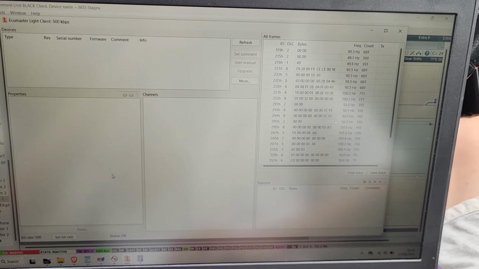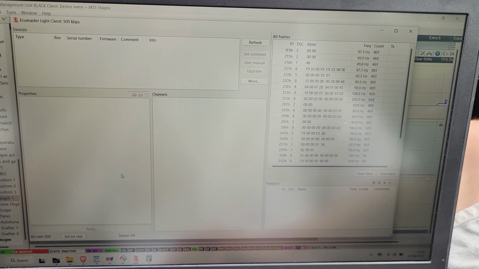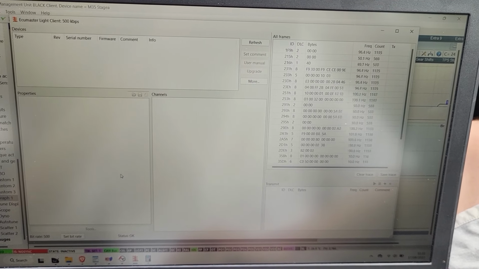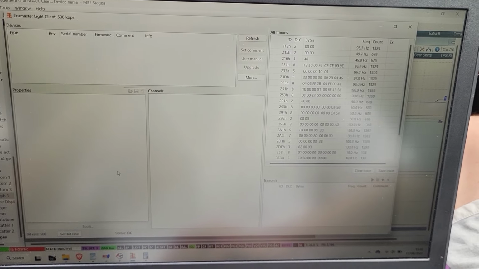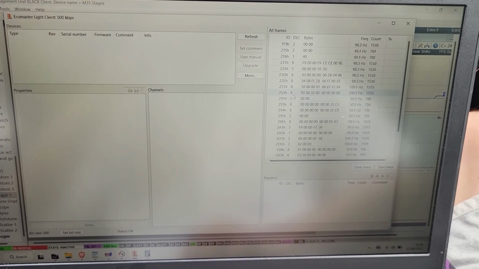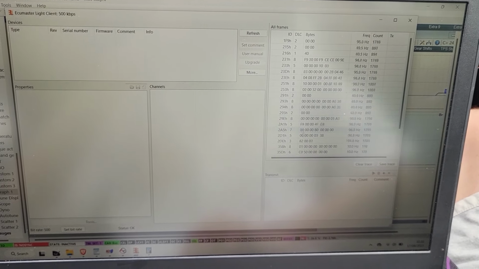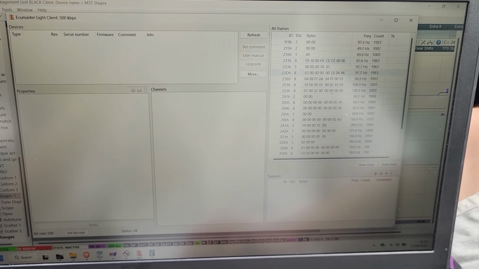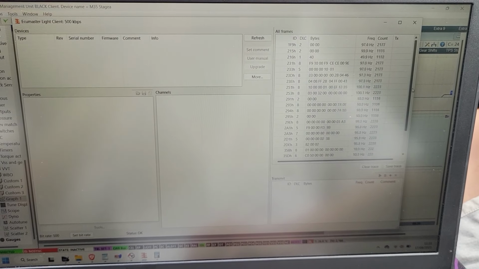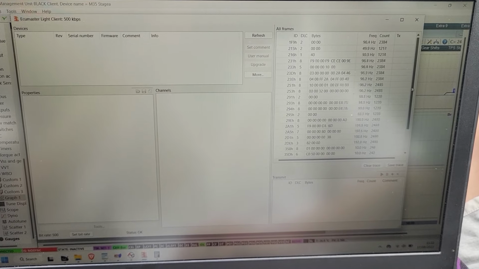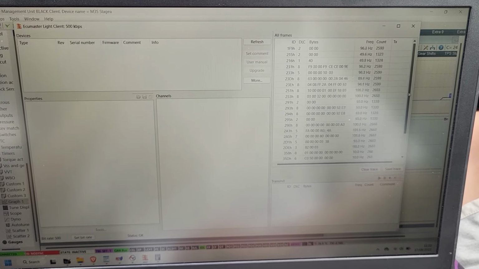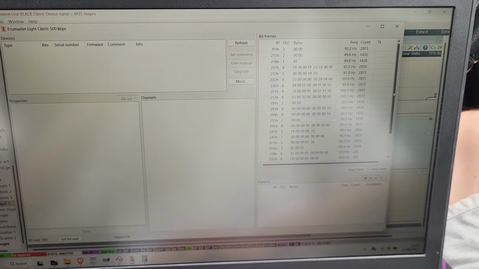The point of this software, this is the ECU Master software. It's more for programming and configuring some of their CAN-based systems, such as GPS modules and tire temperatures. But it also does a fantastic job of sniffing and looking for all the messages which are on the network at any given time. I actually thought that there was going to be more than this.